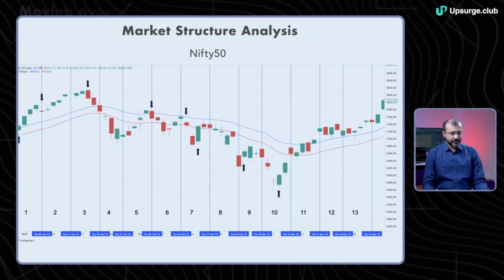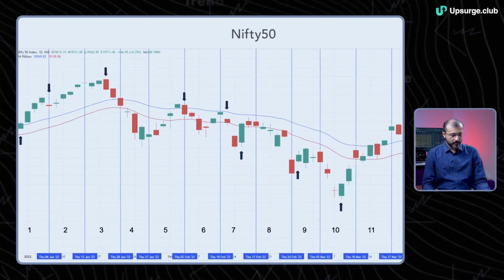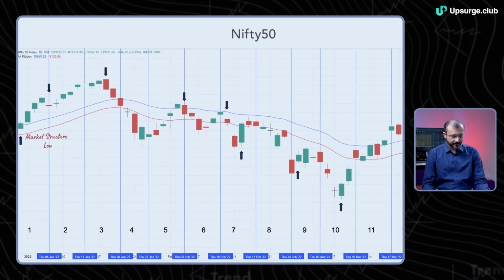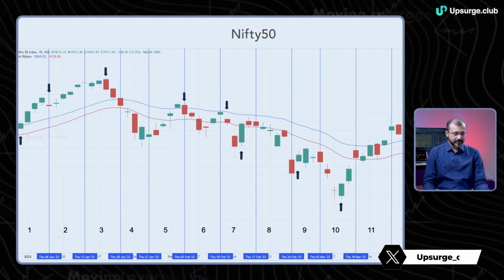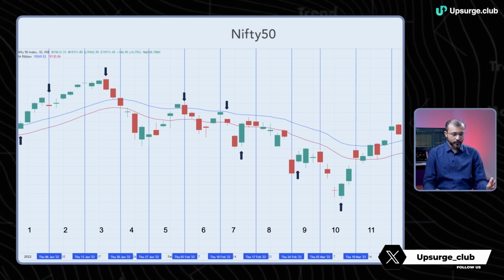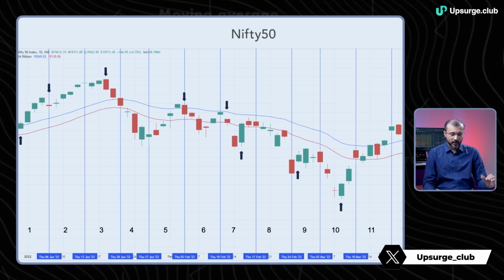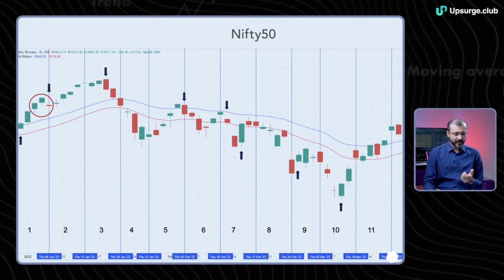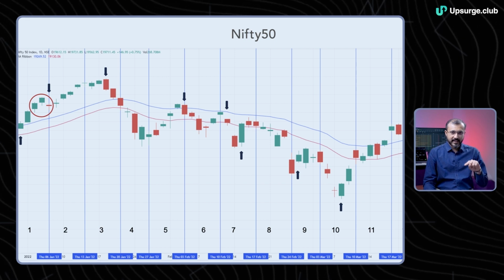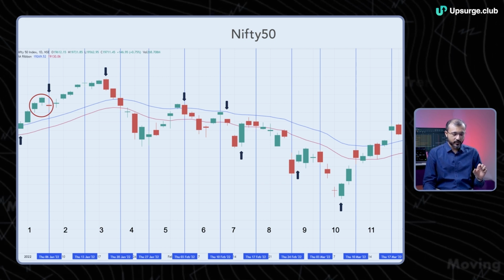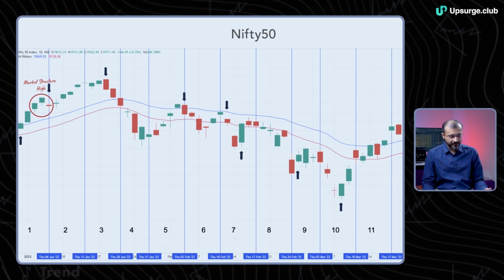The first market structure low of 2022 was plotted on 1st of Jan. Then the next market structure high, which is a higher close: you have two bullish candles and then you have a lower close, right? So we have a red candle on 6th of Jan 2022, which collectively, these three candles together formed a market structure high.